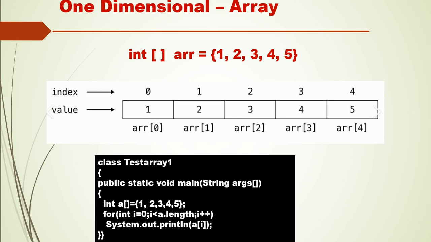Semicolon, i is less than a.length. Length is the number of elements we have assigned in the array variable a. Semicolon, i plus plus. Then we write System.out.println(a[i]). So it will print the values 1 2 3 4 5. I hope it's clear to everyone.